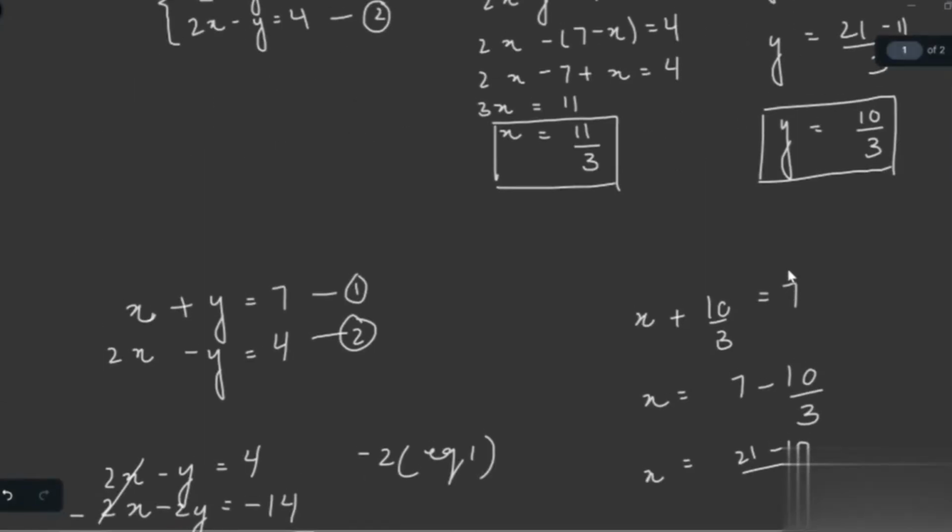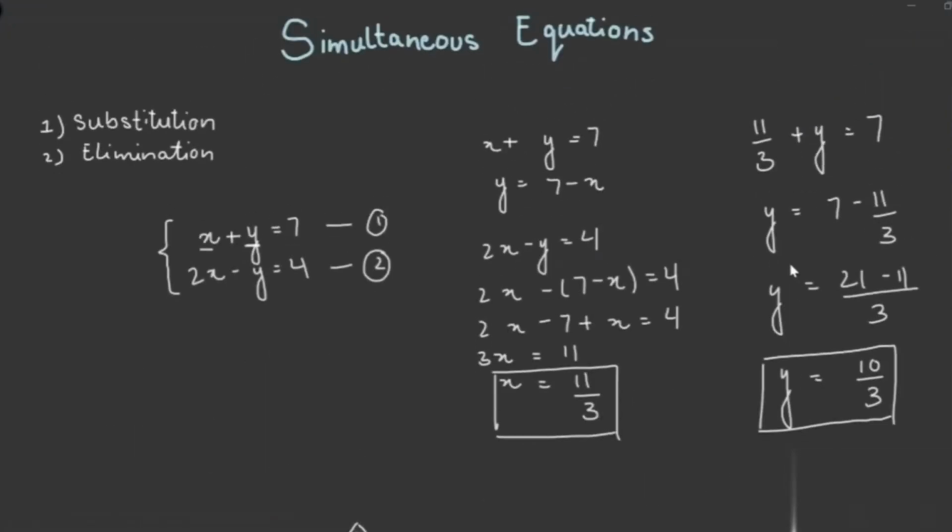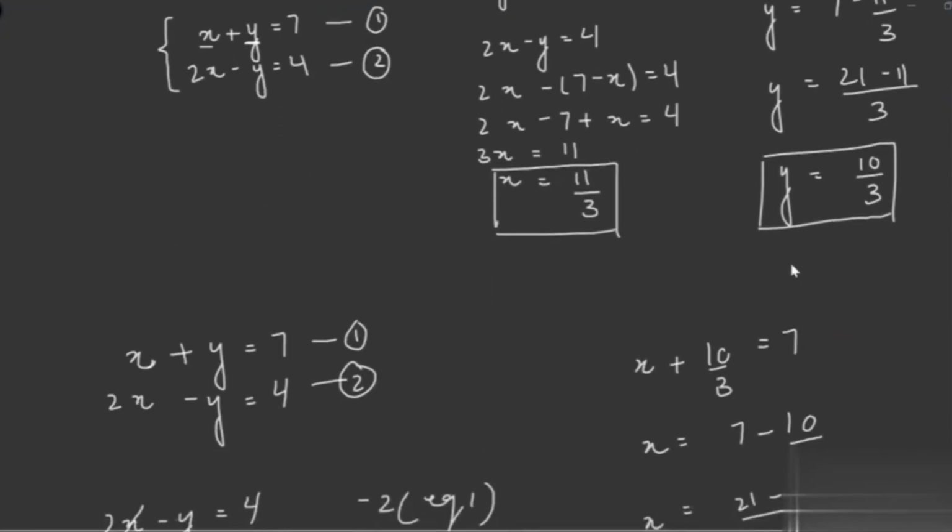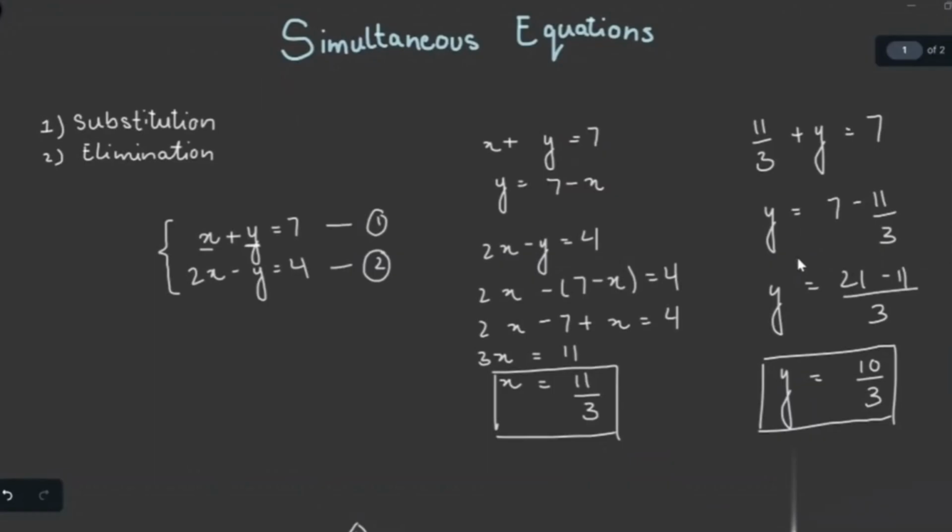And you can see our values remain the same from both the methods. So this was how you solve simultaneous equations by substitution method and by elimination method.